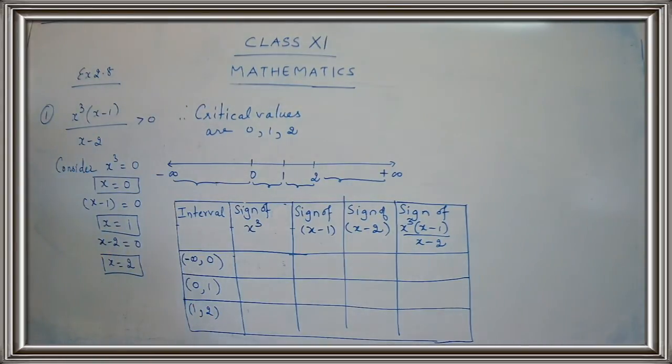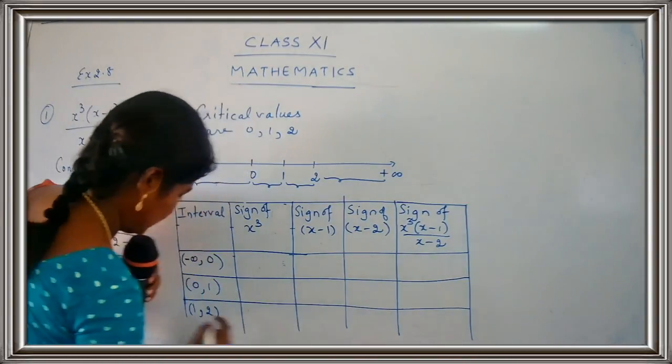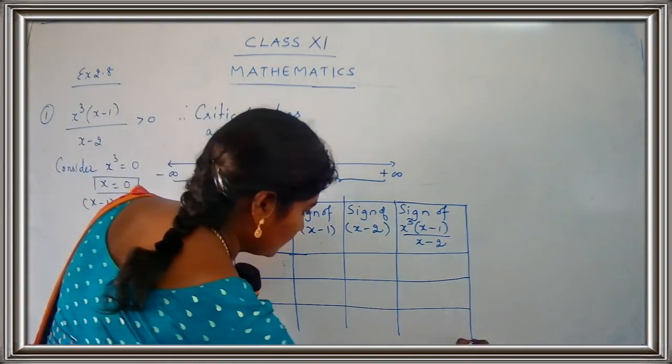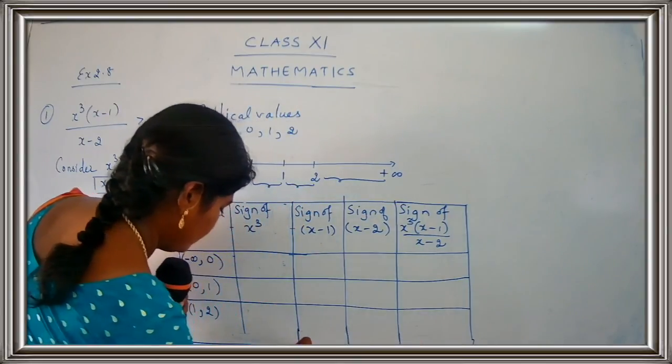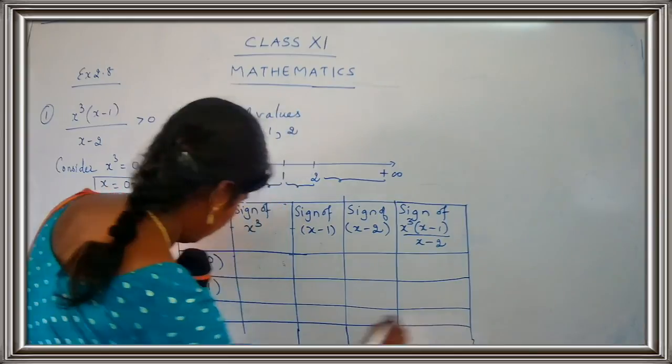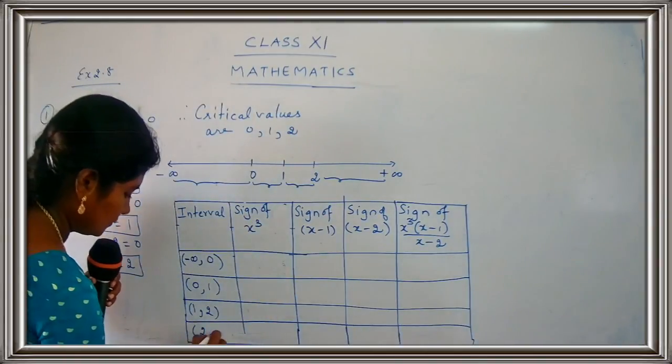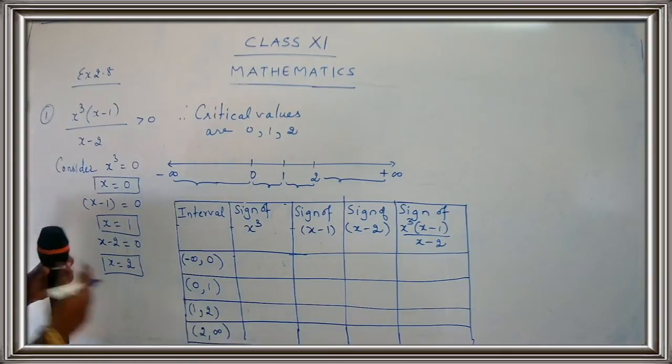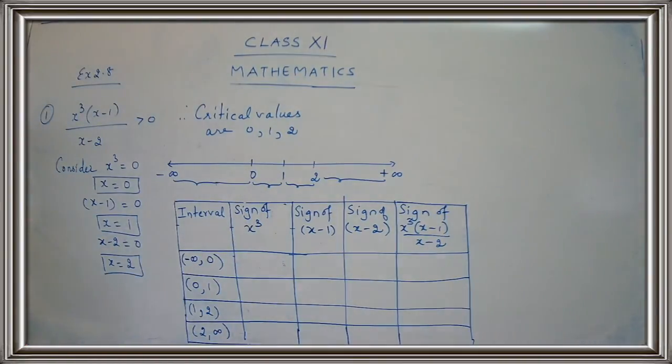So we have to draw one more row there. Then 2 to infinity. Draw the table, children. The intervals are minus infinity to 0, 0 to 1, 1 to 2, 2 to infinity.